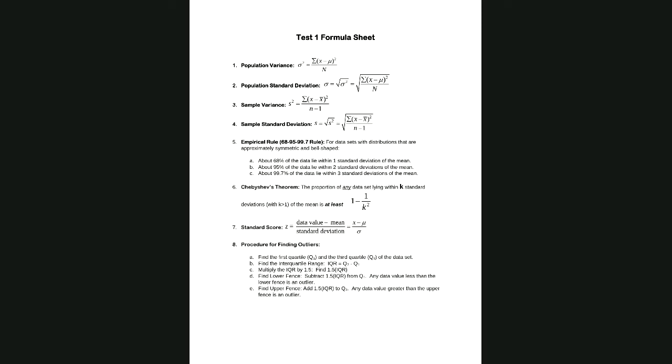You might need to make this bigger, but you'll see that number 1 is population variance, and number 3 is sample variance. So I want you to look at those two.